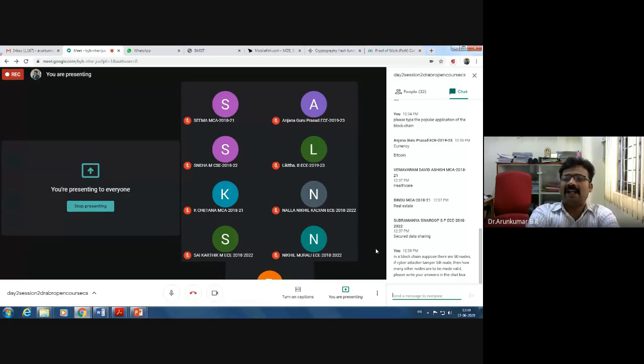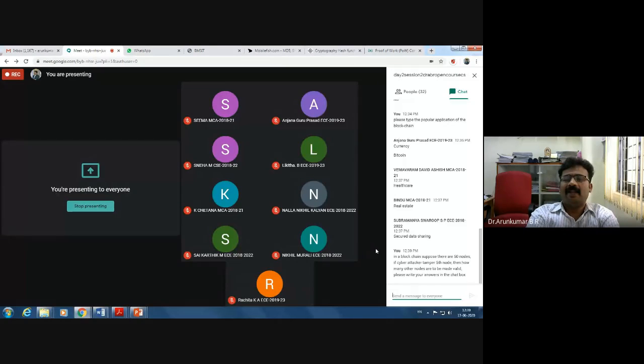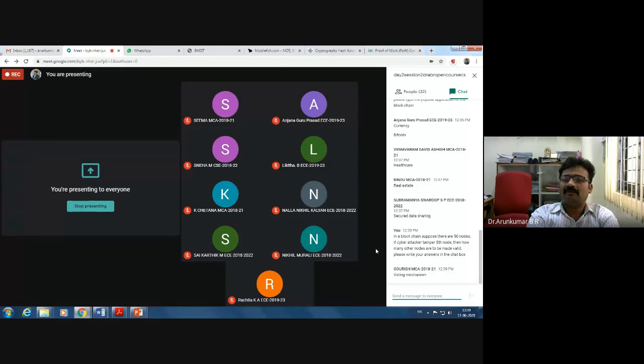Write the number quickly. In a blockchain, suppose there are 50 nodes. If you are a cyber attacker, if a cyber attacker tampers the fifth node, then how many other nodes are to be made valid? Please write your answer in the chat box. Write the number.